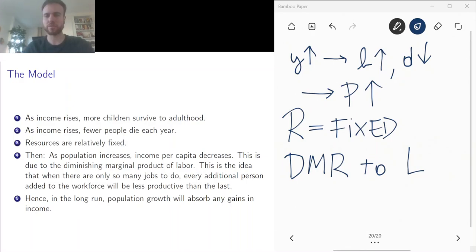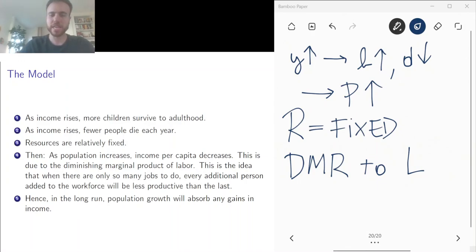You still have positive productivity: if you send that person to the field, he or she will still get some food out of the land, but the productivity will be smaller than that of the person before. These are the three components of the Malthusian model.